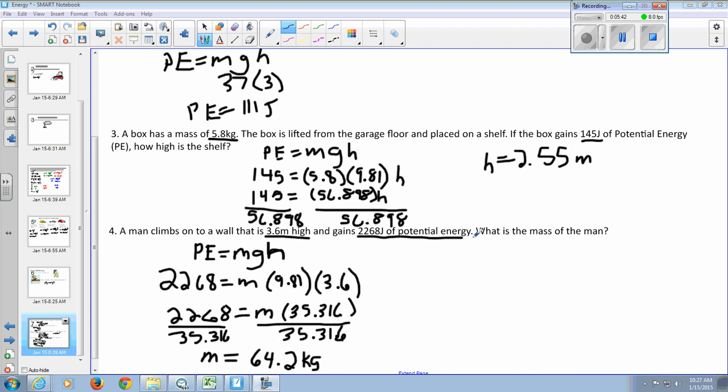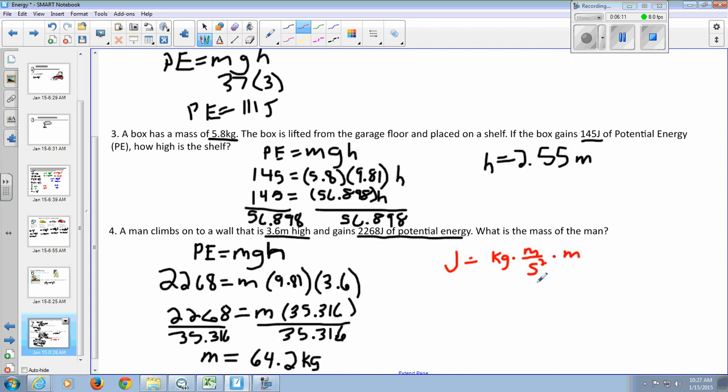Keep in mind that you need to make sure you're in fundamental units. If you're not going to use a unit analysis, keep in mind that a joule is a kilogram times a meter per second squared times a meter.